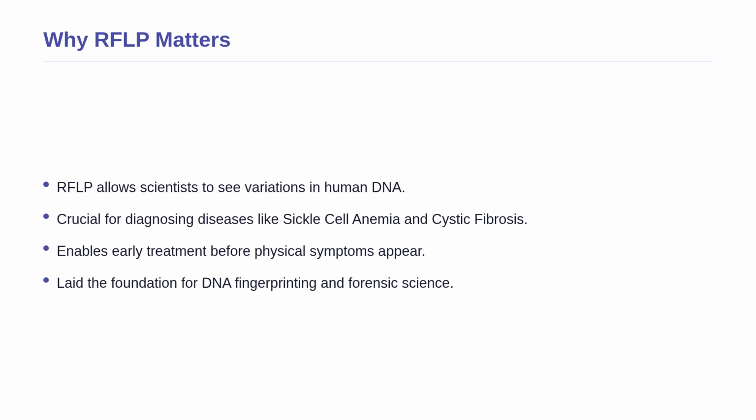By identifying the exact genetic mutation, doctors can provide early treatments, and parents can understand the genetic risks for their future children. Furthermore, RFLP laid the foundation for DNA fingerprinting, which revolutionized forensic science and paternity testing. Without this brilliant technique, we would be completely blind to these hidden genetic mutations.